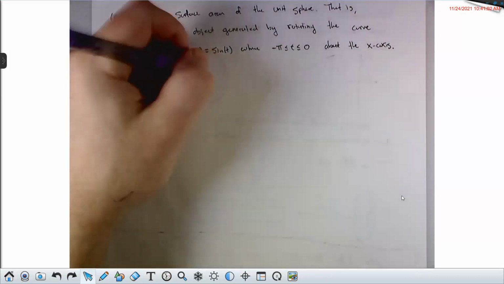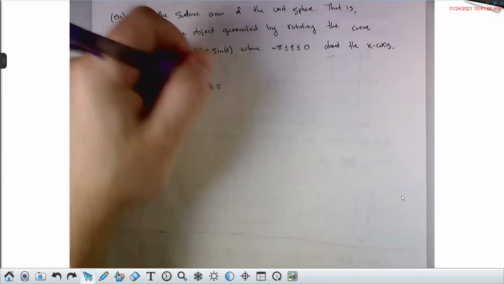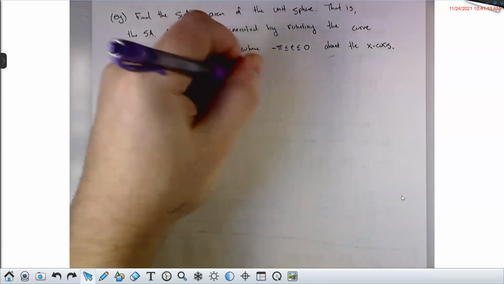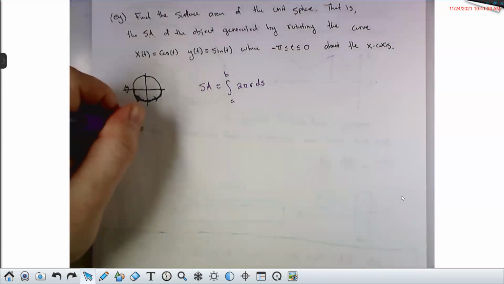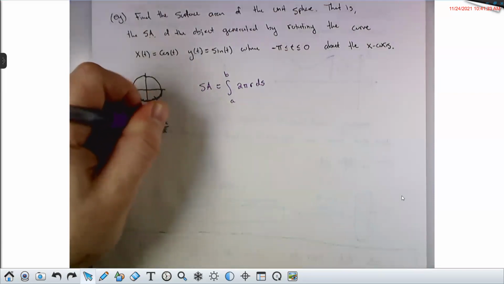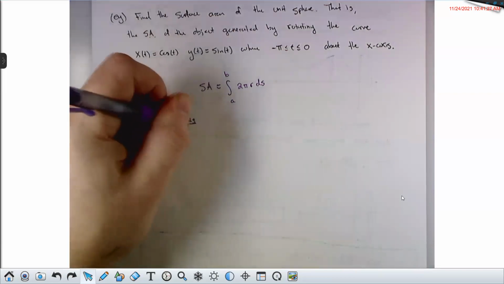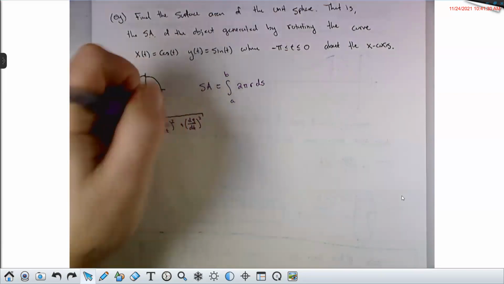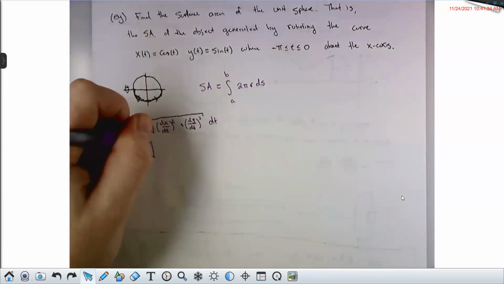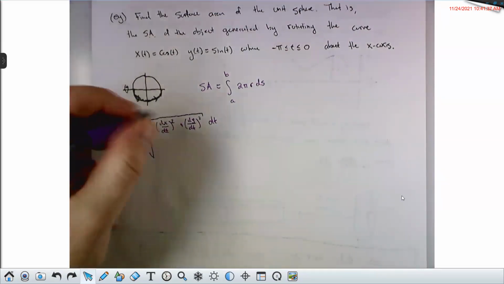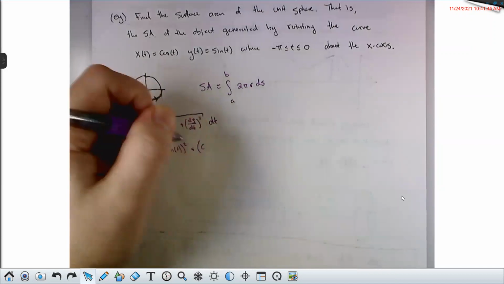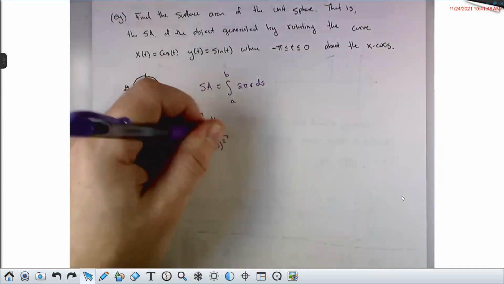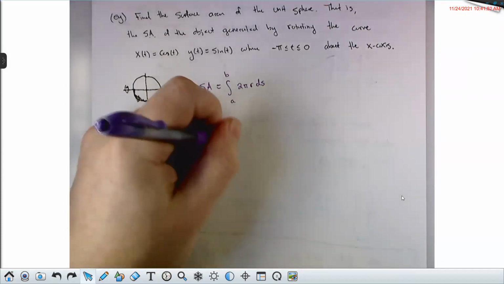So we know, I'll just write it down, that the surface area is equal to the integral from t equals a to t equals b of 2 pi r ds. ds is the square root of (dx/dt) squared plus (dy/dt) squared, dt, which is the square root of, well, dx/dt is the derivative of cos t, that's negative sine t, squared, plus dy/dt is the derivative of sine t, so that's cos t, squared, dt.